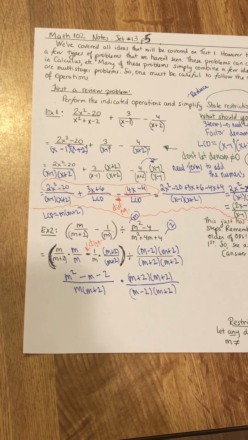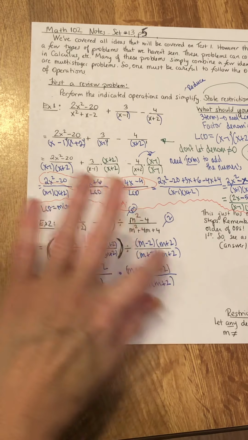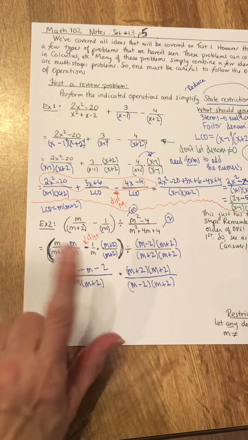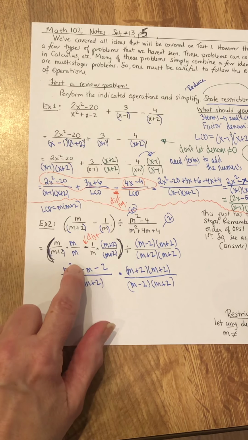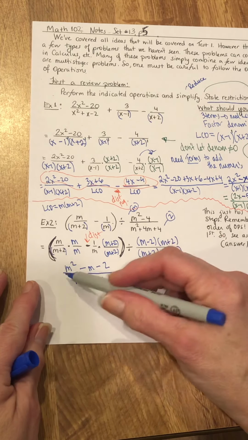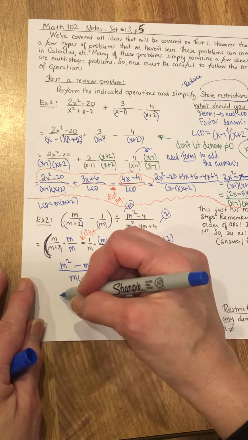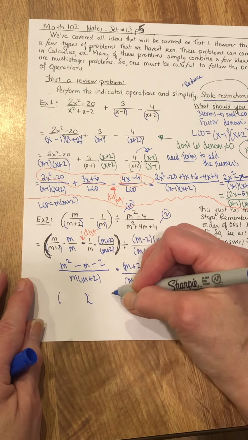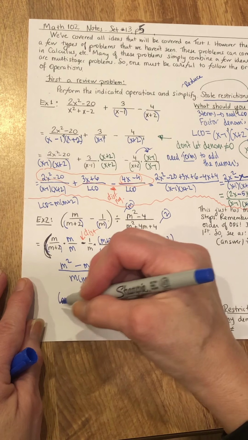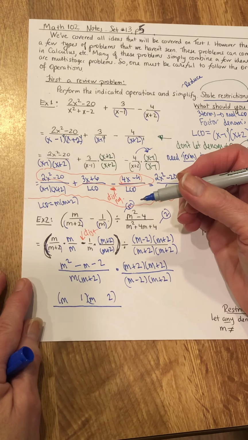Now, looking at this, notice I do have all one term here, just like I actually had all one term there before. I've got factors everywhere except this numerator. So let me factor that, and then I'll start canceling. No GCF, quadratic term, linear term, constant. Looks like it comes from a binomial times a binomial. It's got to be m and m. It has to be 2 and 1. It's 1 plus and 1 minus.